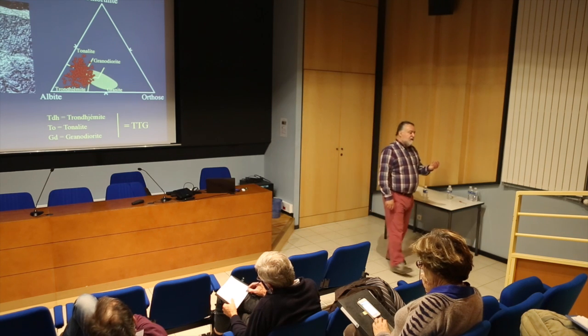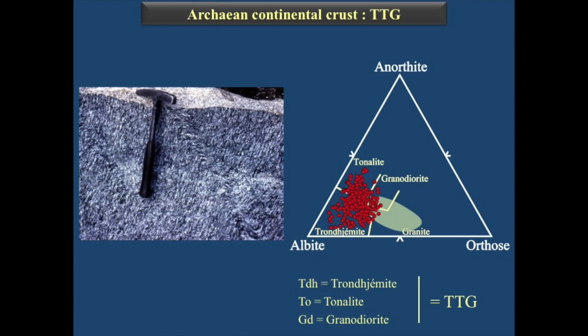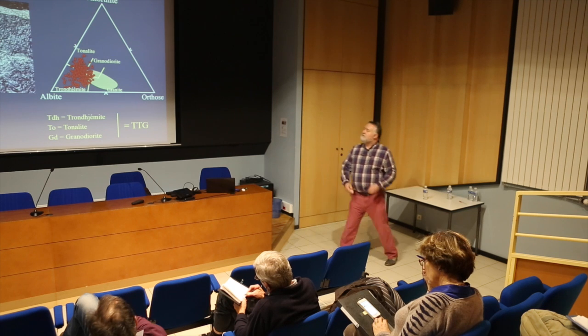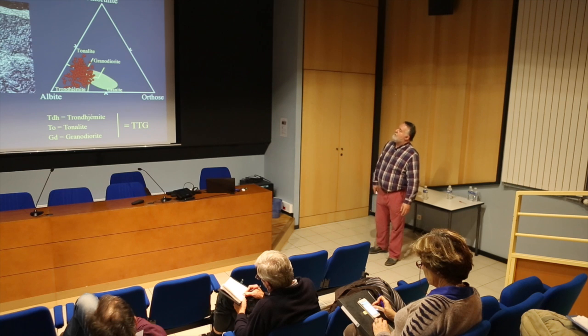That means that if the composition is different, the source for the Archaean crust is not the same as for the modern crust, or the mechanisms of genesis were different, or as often in geology, that both sources and mechanisms were different. But this diagram shows this difference.